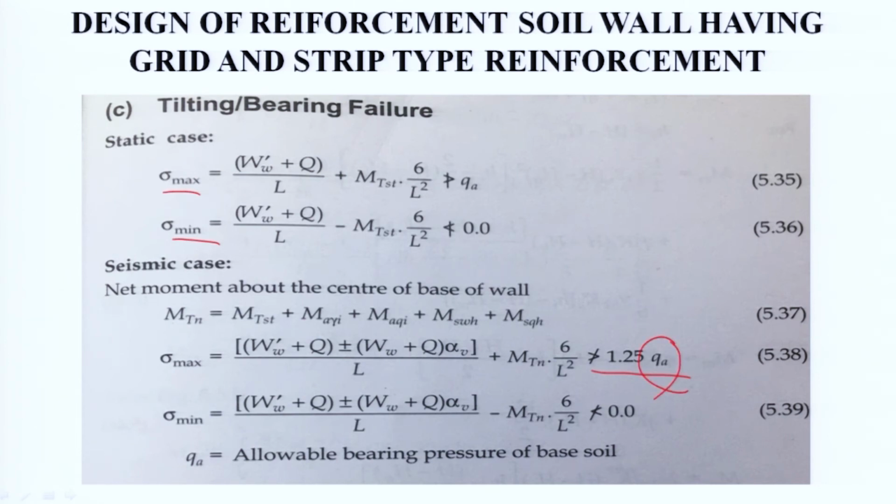After putting the value of each, we can calculate this one. And sigma minimum we can calculate, and that should be greater than 0. So here are the conditions. QA is the allowable bearing pressure of the soil base.